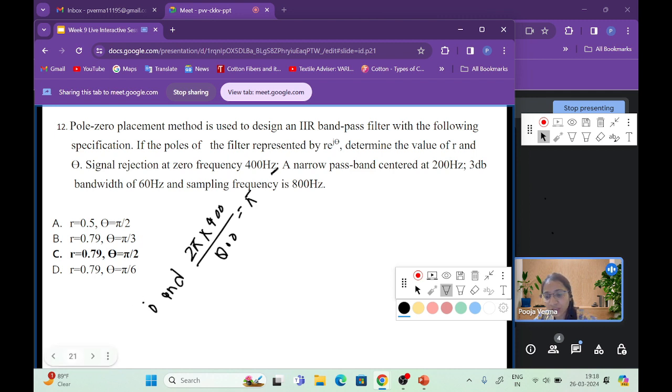So one zero is at 0 and another is at pi. Now we have to find out where we can place the poles.